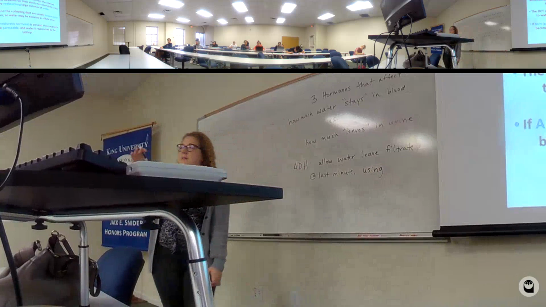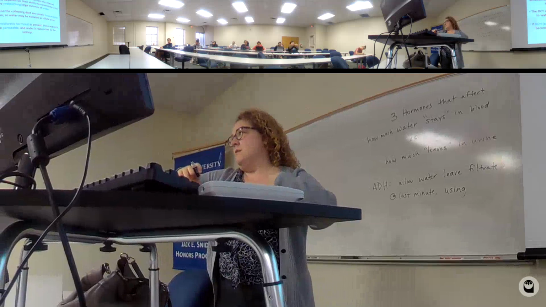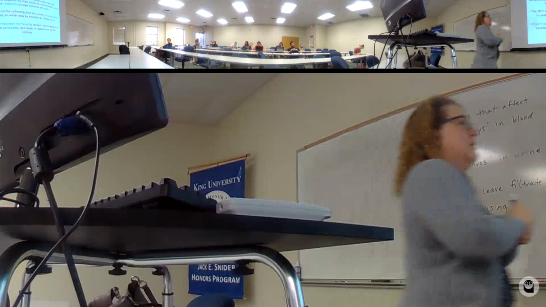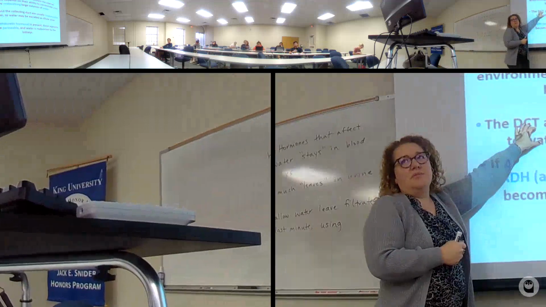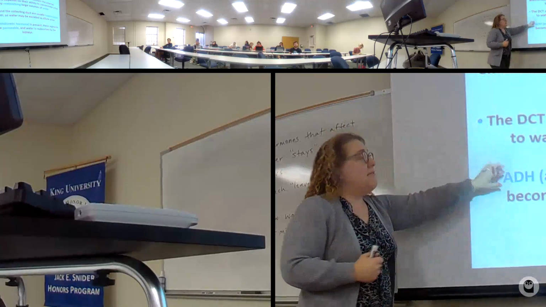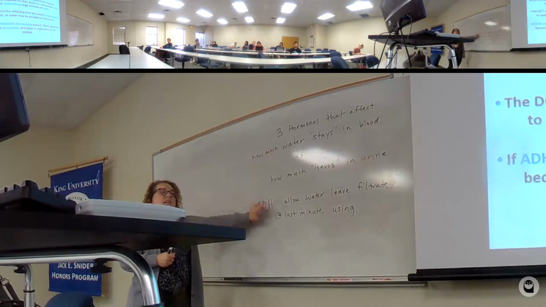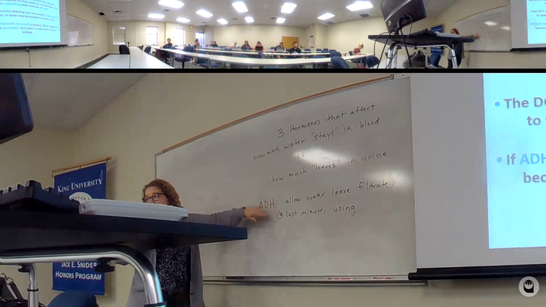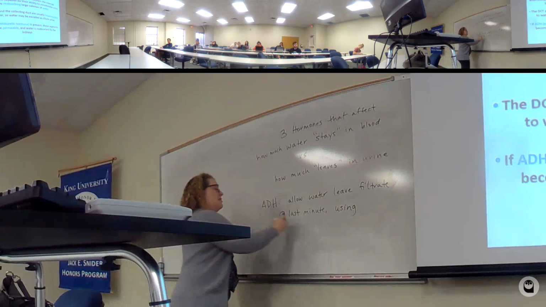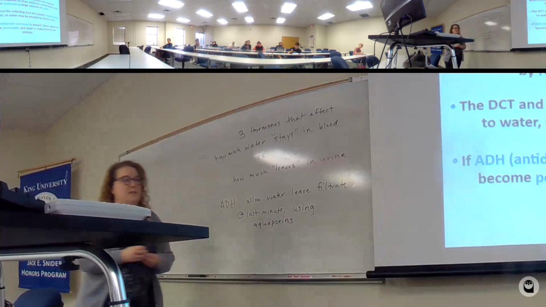So normally by the time filtrate gets to the end of the nephron, water is not really moving much anymore. Because these structures at the end of the tubule system are impermeable. They don't let water cross unless you have anti-diuretic hormone. And if you have anti-diuretic hormone, that's going to allow water to move out of the filtrate or the urine back into the blood using some very specific proteins called aquaporins.